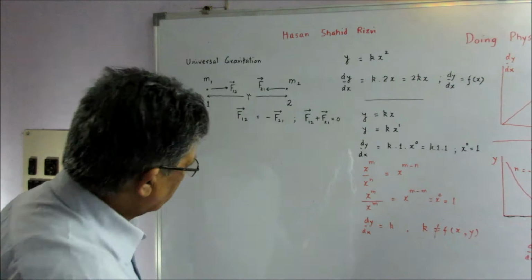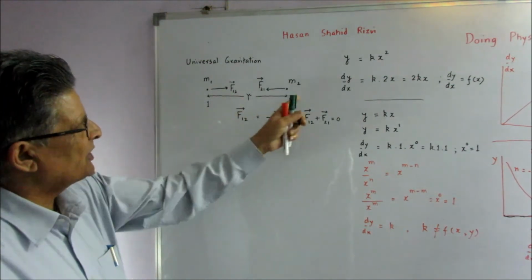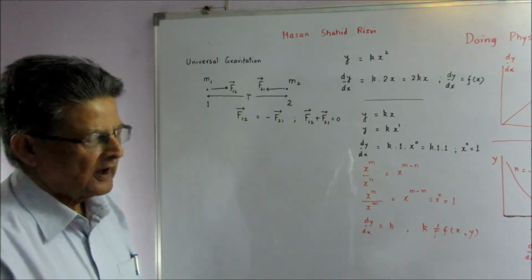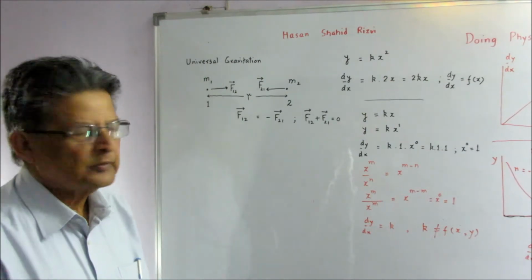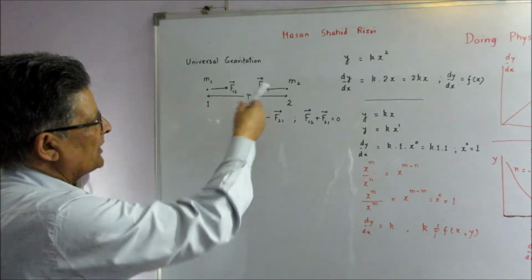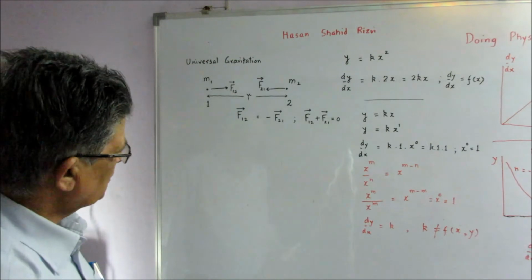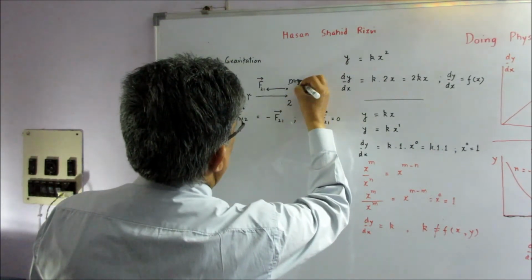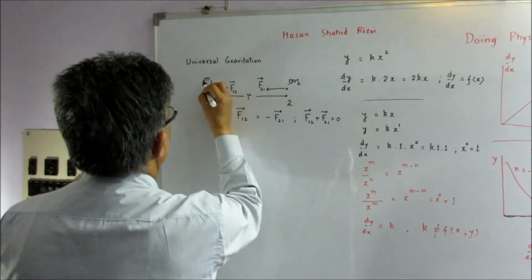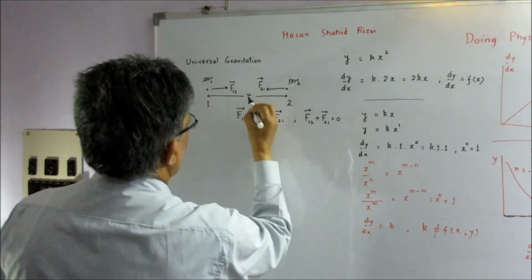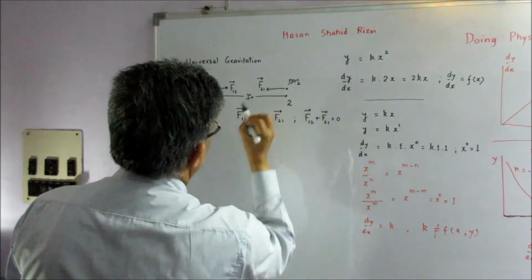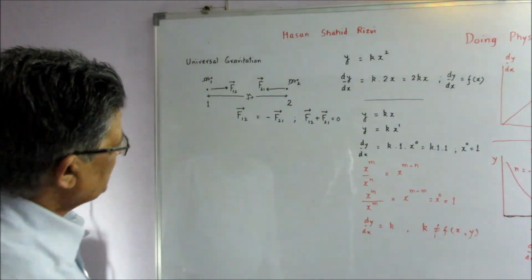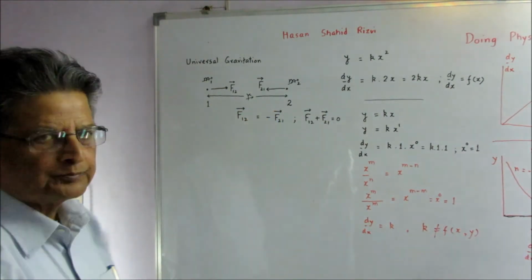That is the net force on the system, because this system has been taken as again an isolated system comprising two masses m1 and m2, and they may be variables, as also this r can be a variable. So there are three variables in this system.